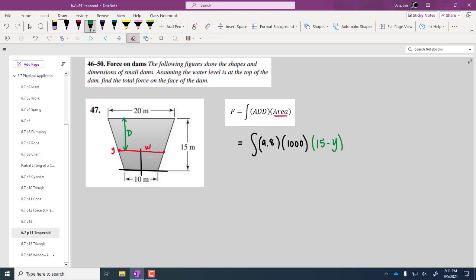With our pumping problems. Now we get to area. Area, again, is the area of that little tiny rectangle. It's just going to be width times dy. So in order to find that width, we are going to need to find the equation of this line over here. Let's see, what color? Let's go purple.